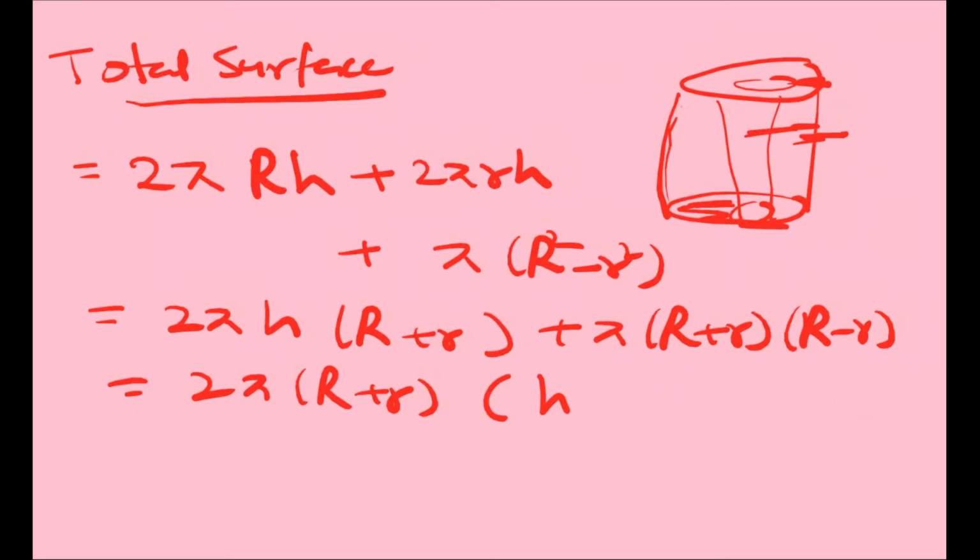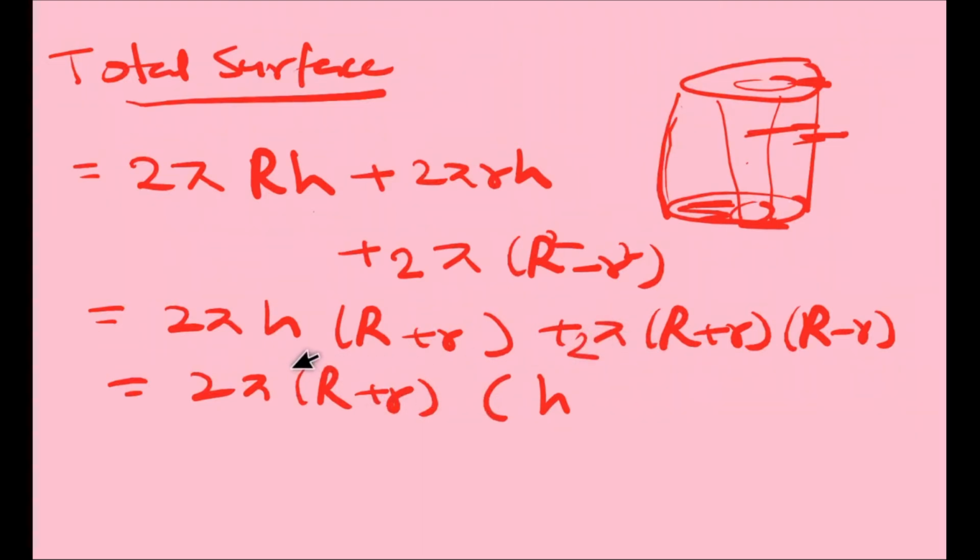We can take the common pi (R plus r) here. This is the outer surface 2 pi R h, this is the inner surface 2 pi r h, and this is the area of the ring, and this is double because there is also a ring at the other end. Now we take 2 pi (R plus r) common.